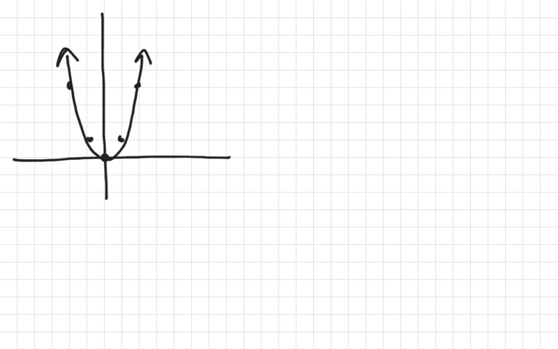Now let's go back to y equals x squared here for a moment and talk about what happens when you multiply the output of a function by a number that's greater than 1. Literally what that 2 is going to do is it's going to multiply all the outputs by 2. So let's do this. This is at (-2, 4). Well, the output's 4.